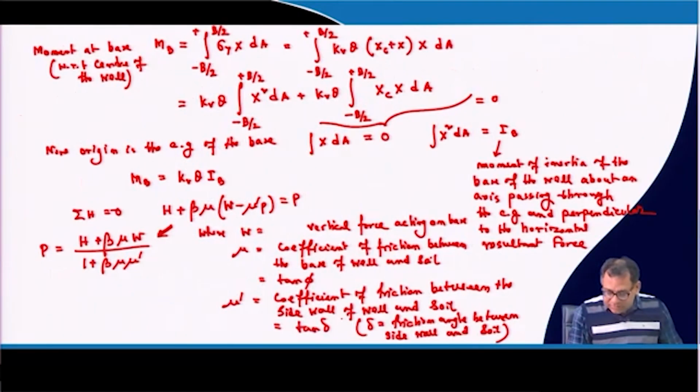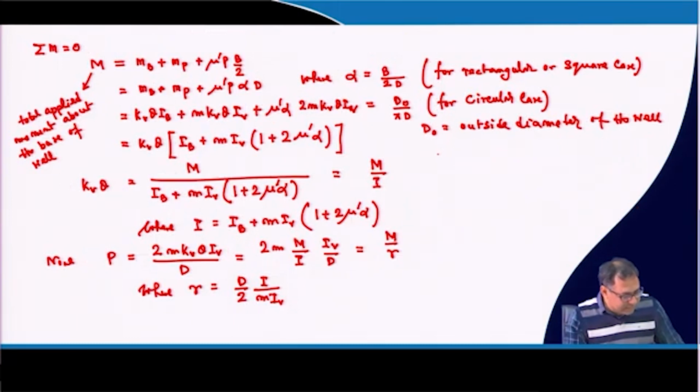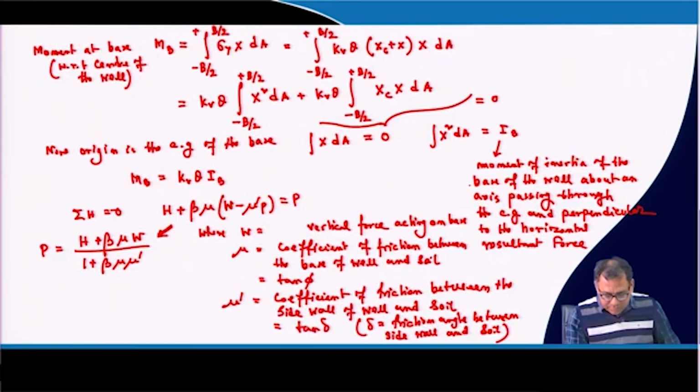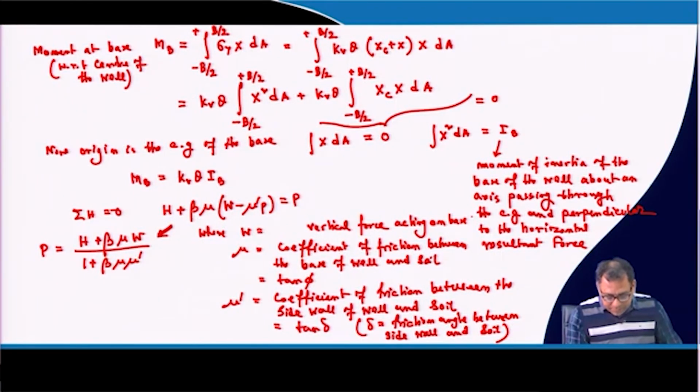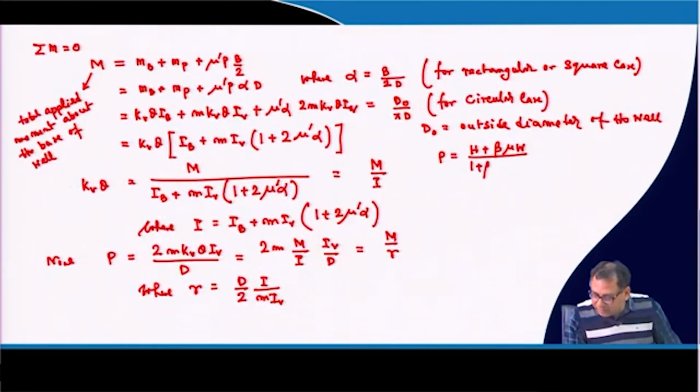Okay. So, now we have another expression of H. So, what is that expression? If I write that expression, P is equal to H plus beta mu w divided by 1 plus beta mu w mu s.